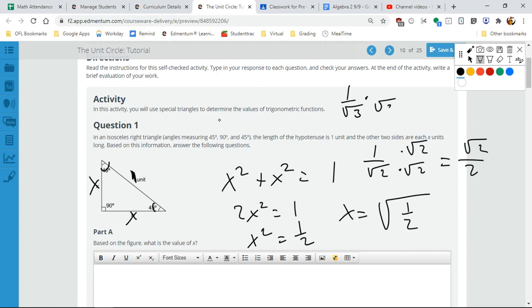This one was supposed to be square root of 3 divided by 3, because these cancel out. Square root of 3 times square root of 3 is the same thing as square root of 3 squared. So these cancel. Does that make sense, or did I go too fast?